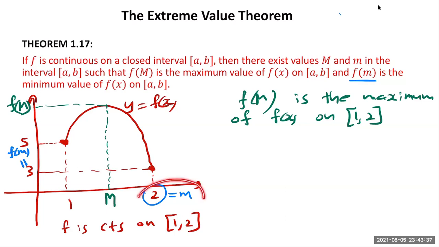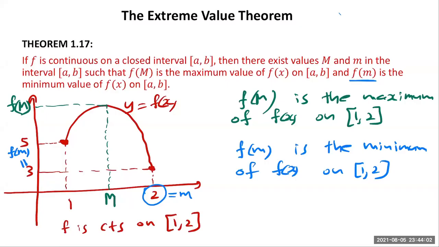Your lowercase m is 2 in this case. So f of m is the minimum of f of x on the interval [1, 2]. Such uppercase M and lowercase m clearly exist by looking at this graph.